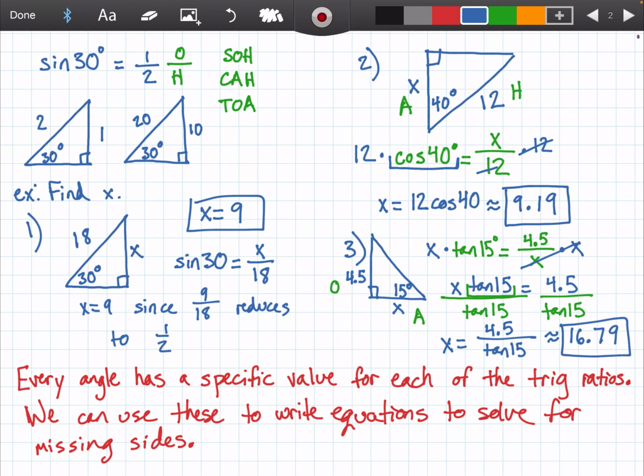Okay, a lot of people have asked me, how much work am I required to show? Because, shocking, you're required to show your work. Who knew? The work that I need you to show is for something like number 2. I need you to show me how you're getting x. So if you can do this part, and I want you to show me this part, I'm okay with that.